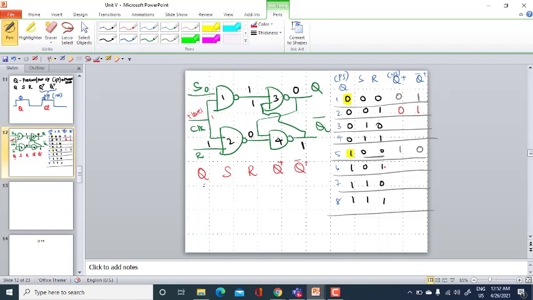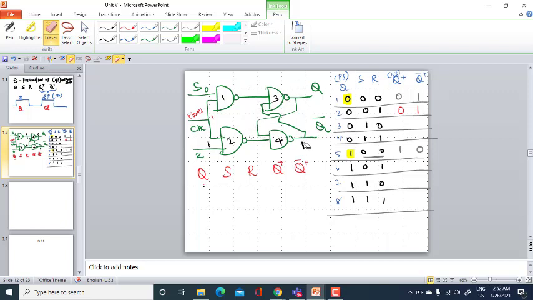Okay. So again, let me go ahead with this combination also. As I said, for the 0 1 combination, output is completely independent of the present state. Completely independent of the present state means you will be getting the same output. We can even derive it again.